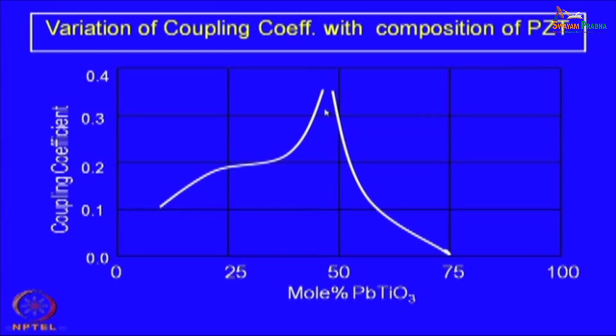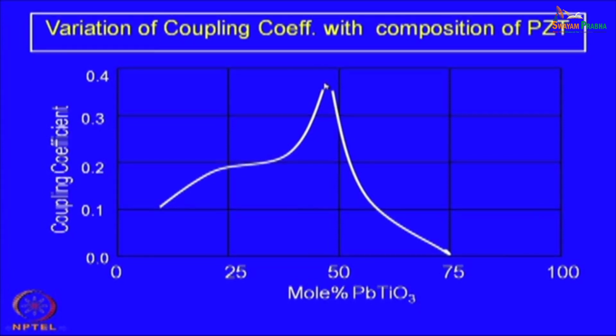Okay. So, that is the reason the composition of the morphotropic phase boundary at different temperatures is also important. So, we get a peak of the coupling coefficient at the morphotropic phase boundary. That means, when we are talking about PZT, although it forms a complete solid solution between 0% to 100% composition, either lead titanate or lead zirconate, a more useful composition is around 48-52, in fact not exactly 50-50, but about 48-52.